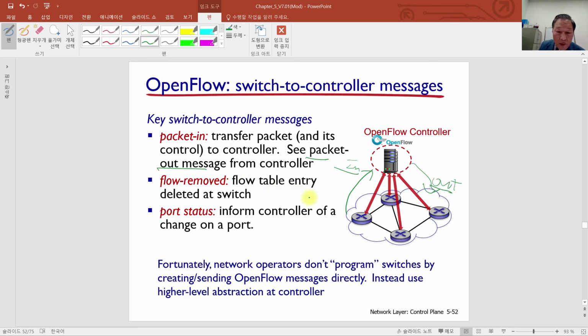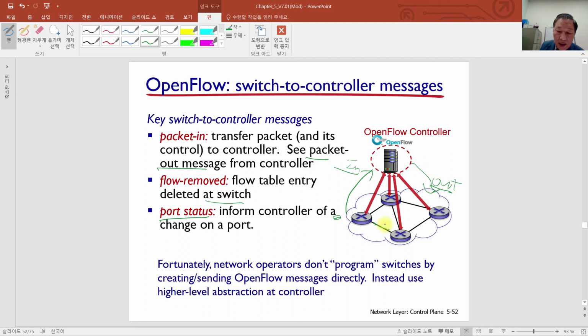Flow removed. A flow table entry may be deleted later if that is not used anymore, expired. Then also that is removed. Flow removed: flow table entry deleted at switch. And port status, also that information is important.